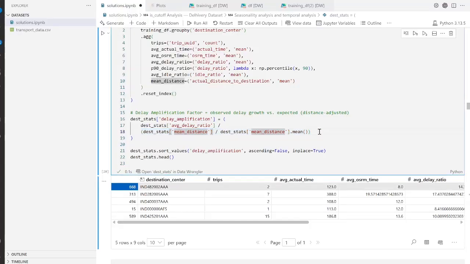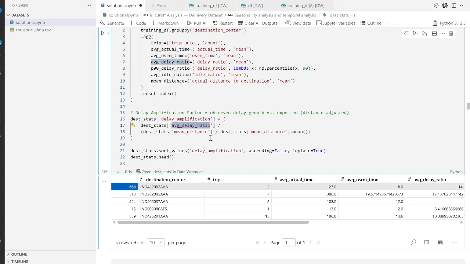So this is going to give us the information that a given trip has, in general, more or fewer destination centers as compared to the mean of the population, and this is the average delay ratio.